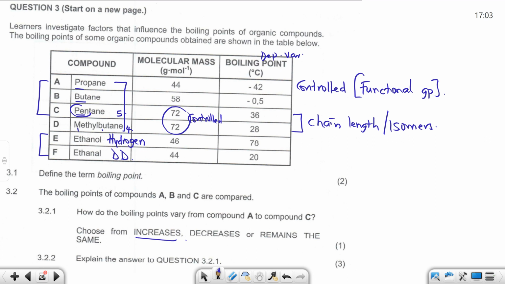I mean, negative 42. And in fact, to help you, there's a positive 36 here. If they are going to mess you up, they should put the 36 inside there. Explain the answer.